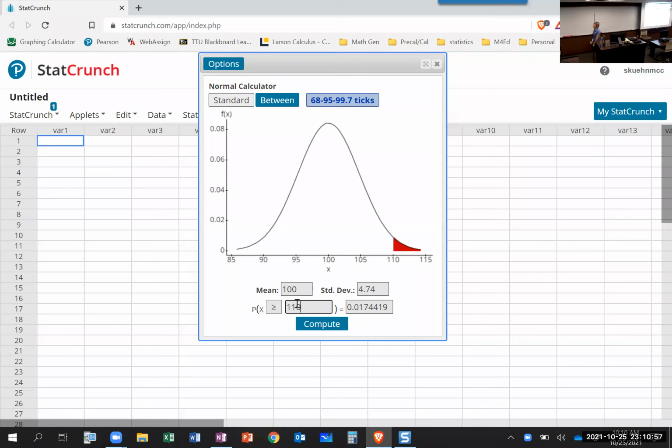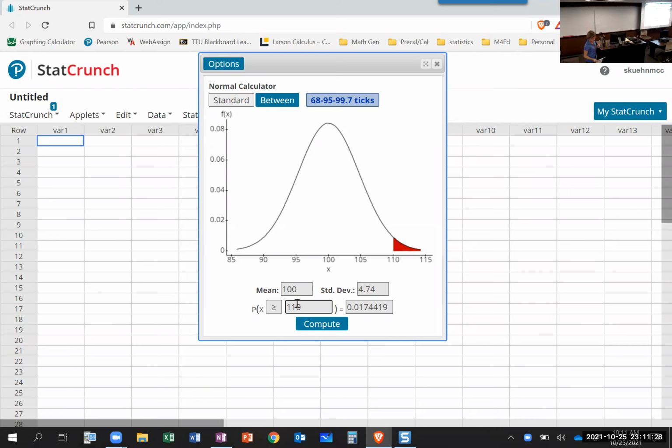Did you put the right standard deviation in there? That's my fault. All right, so here we have the probability of obtaining a sample mean greater than 110 from a population whose mean is 100 and standard deviation is 15, which is approximately 0.02.